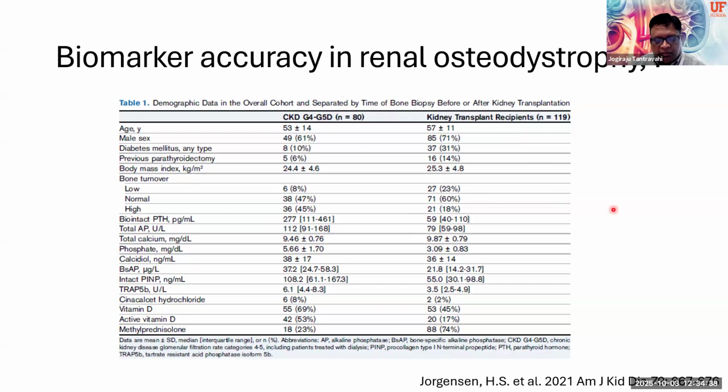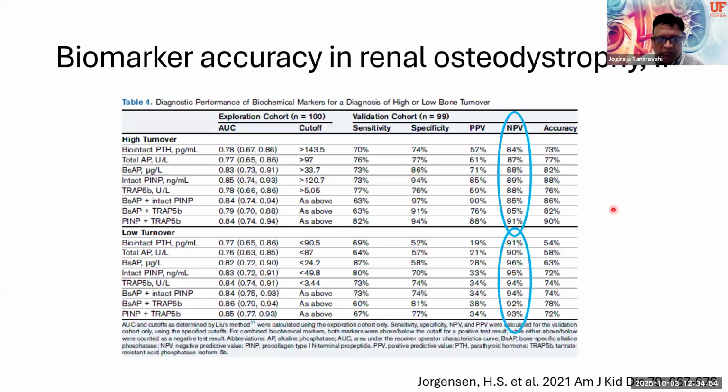But because they had the bone biopsy, they could again determine not just bone mass, bone density, but also bone turnover. Okay, and they tried to correlate those particular findings on the bone biopsy with their bone markers, and with some moderate success. I think the specificity, sensitivity, and positive predictive value were not particularly good.